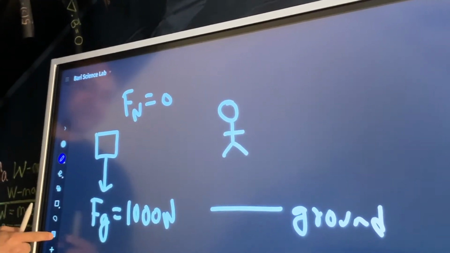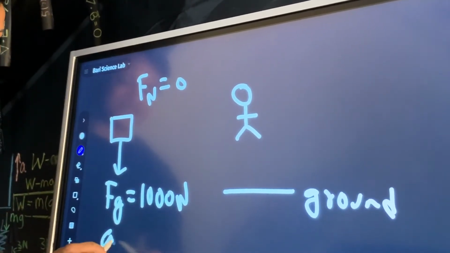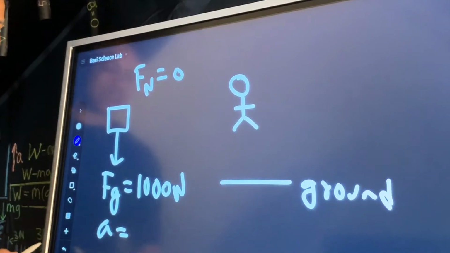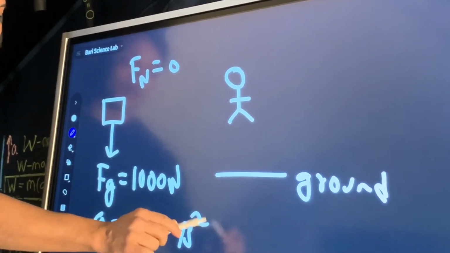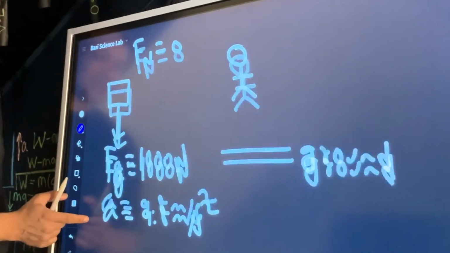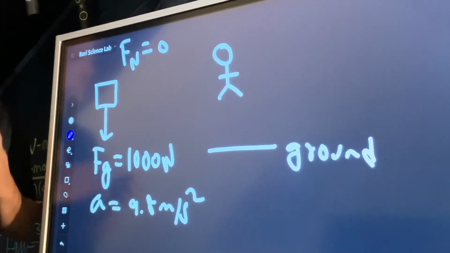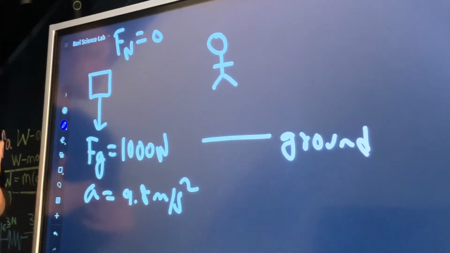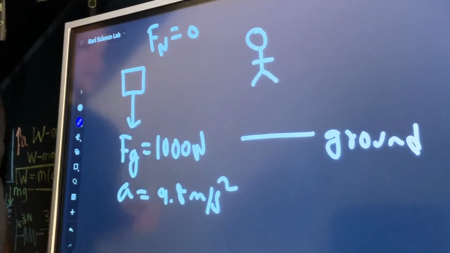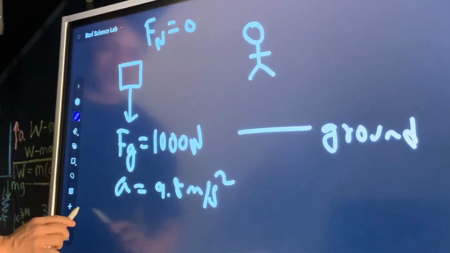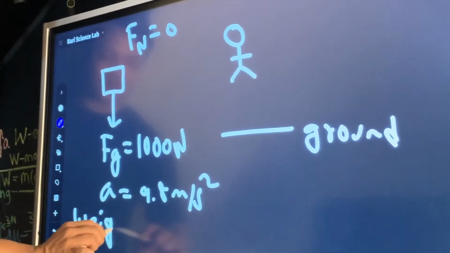Now let's see what the acceleration is. In this case, the acceleration is 9.8 meters per second squared. What does that mean? That means the person is moving down with 9.8 meters per second every second. So what is the consequence? The person feels weightless.